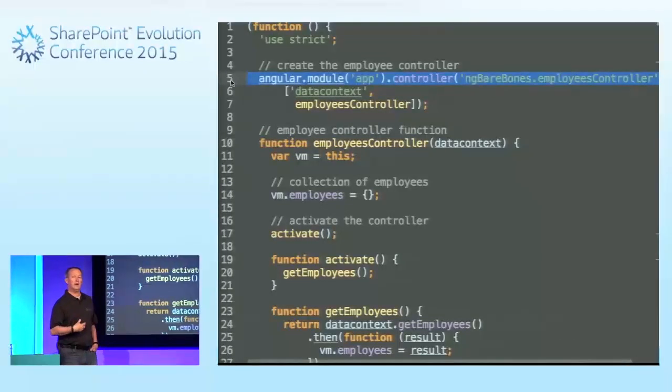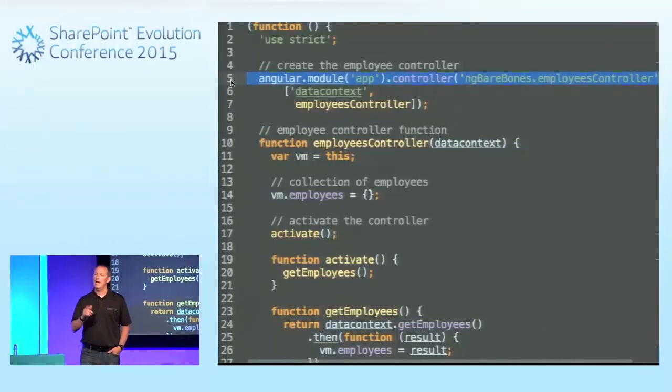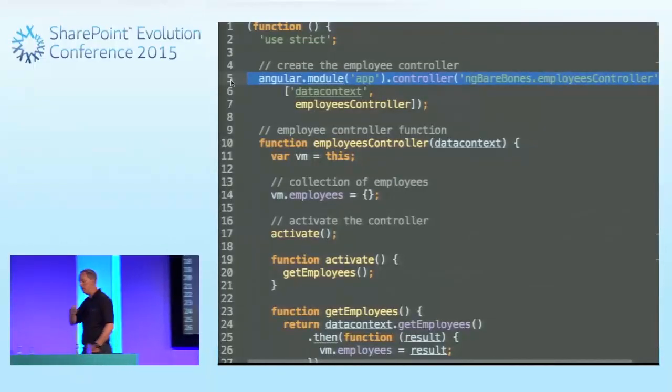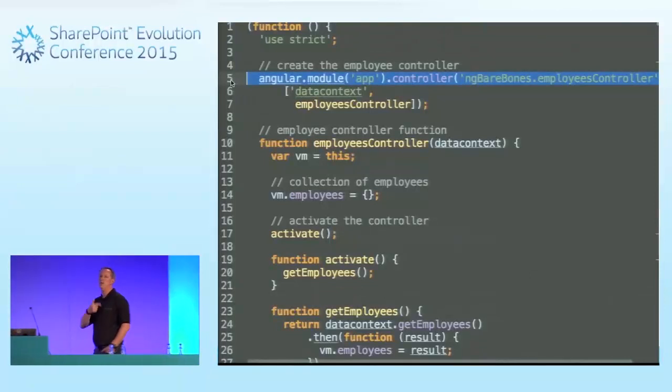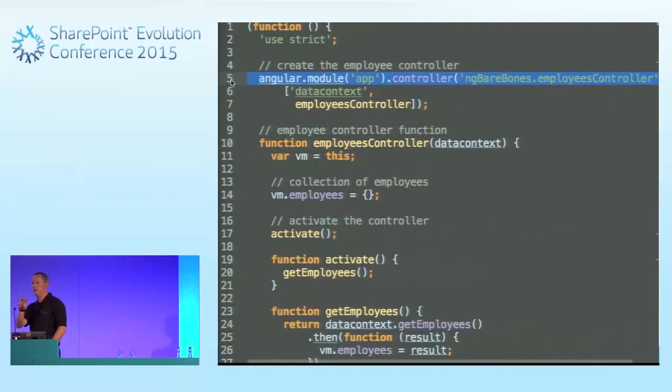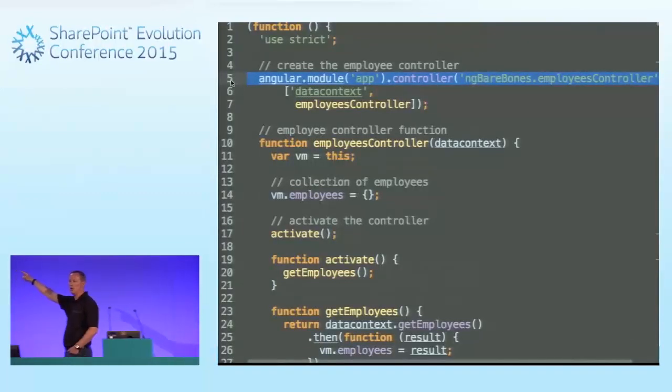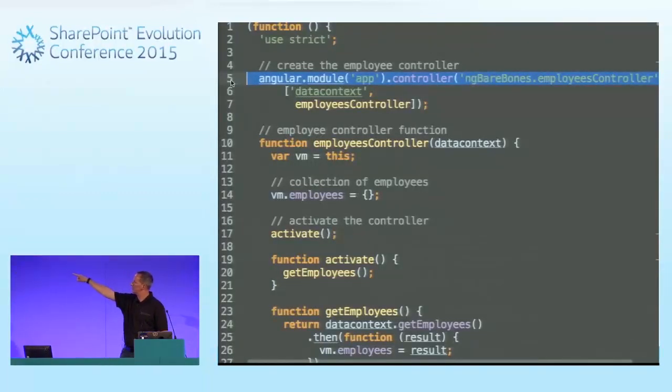When this JavaScript file got loaded in the browser, Angular ran this code, processed it, and has an internal memory that says, here's a list of all my controllers, there's a controller with that name. So when someone goes to the /employees page, it will take the employee.html file, put it in the view, take this controller, call the constructor for this controller that's defined on line 10, build that out, and hand that back as an object to the view.